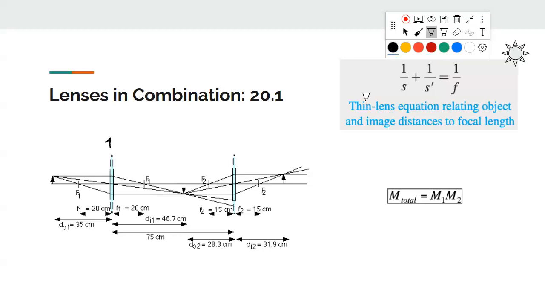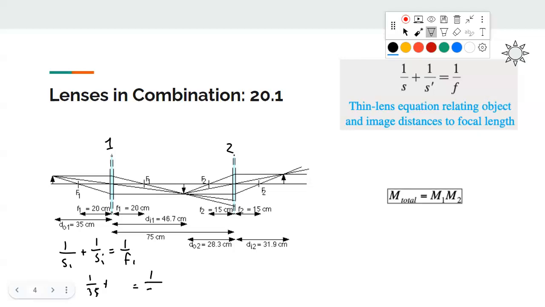So if we call this, again, lens 1 and lens 2, and we say that they're both converging lenses so that the focal lengths are positive, then for lens 1, we say 1 over S1 plus 1 over S1 prime equals 1 over F1. And we see in this diagram that S1 is 35 centimeters.